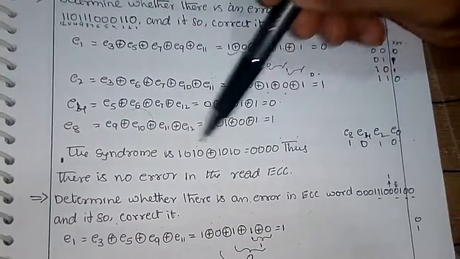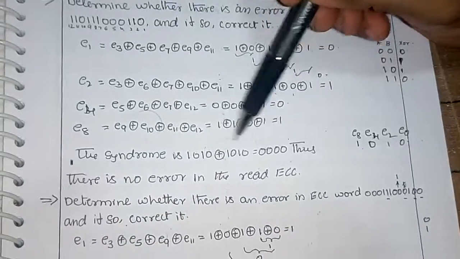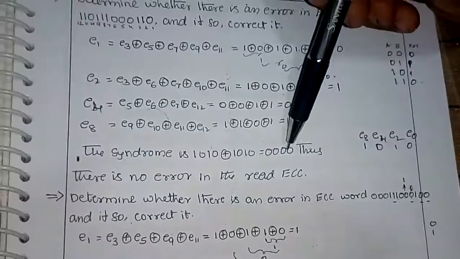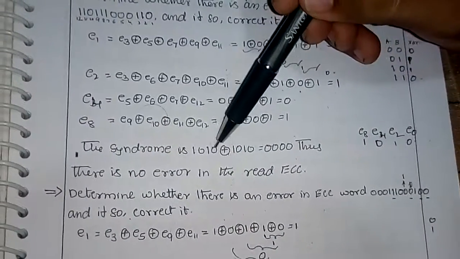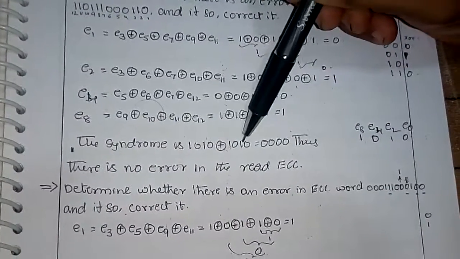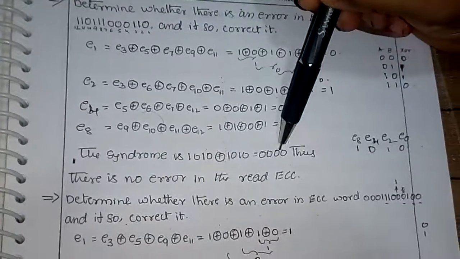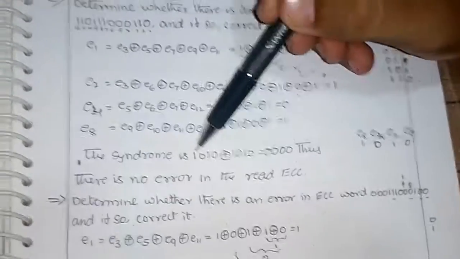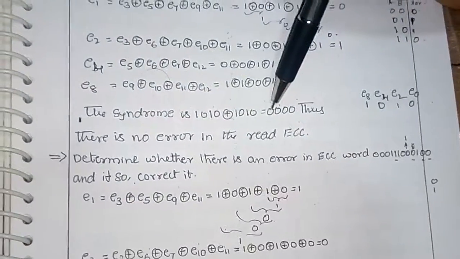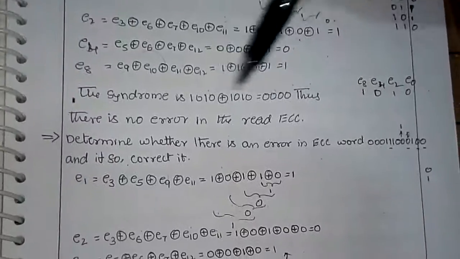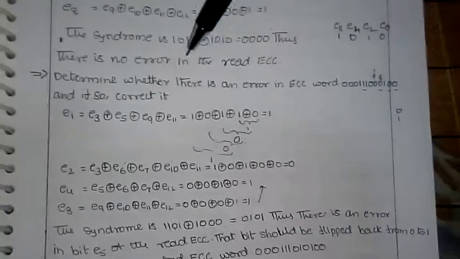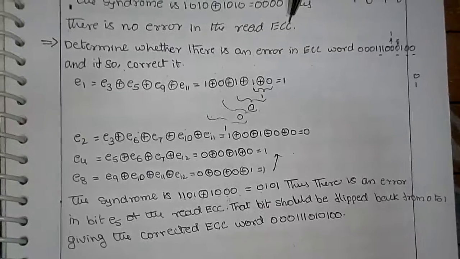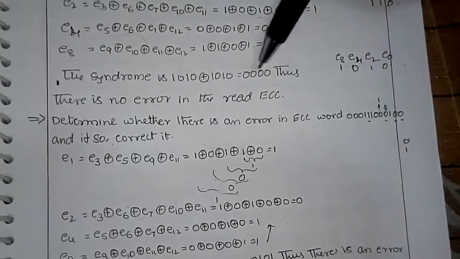When we carry out XOR, 0 XOR 0 is 0, 1 XOR 1 is 0, 0 XOR 0 is 0, 1 XOR 1 is 0. Thus, there is no error in the read ECC word.